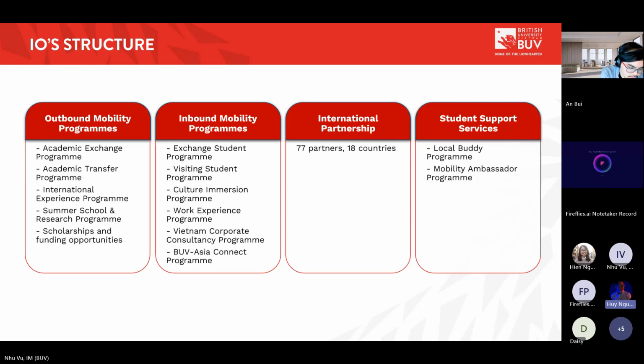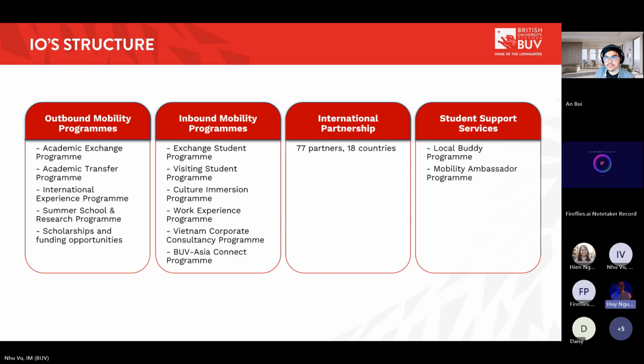For inbound, you can see that there are around 6 programs in total. Exchange is when international students from our partner university come to BUV to study for 1 to 2 semesters. Also, the cultural immersion program. This is the most important part we want to highlight because most of our important activities are about the cultural immersion program.